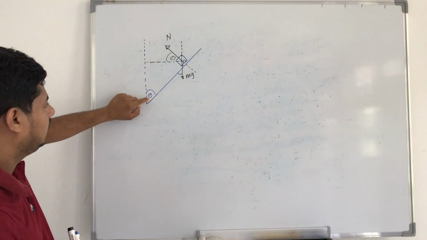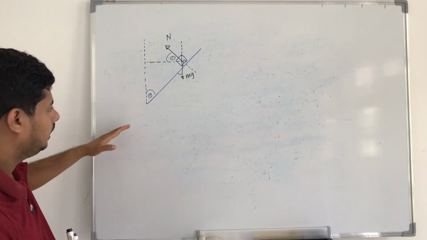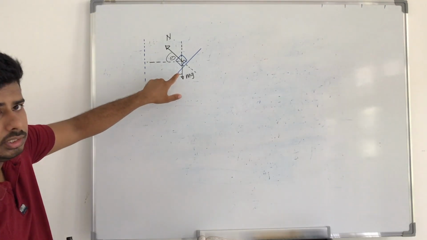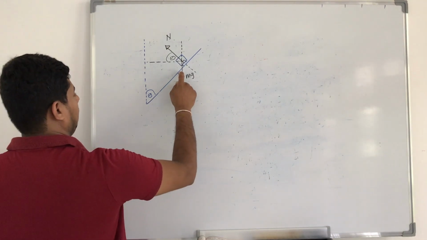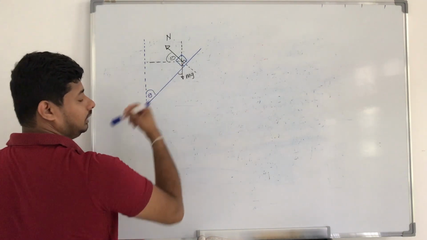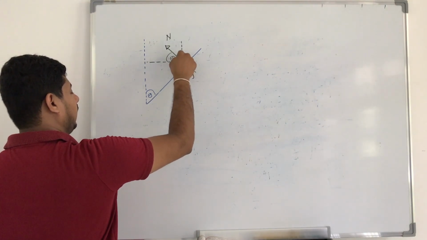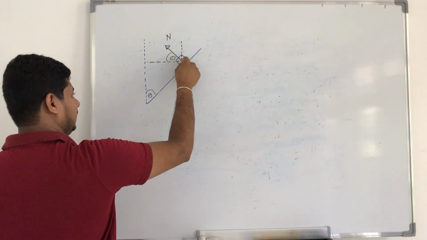So here this is theta, so I have a vertical line here, and this is my inclined plane. If this is theta, this is also theta, because that is alternating angles, right? And this is also theta, opposite angles. So in this small right angular triangle, this is theta, this is 90, therefore this one should be 90 minus theta.